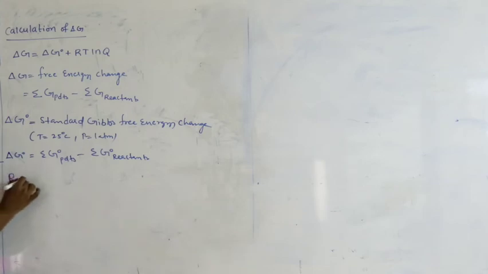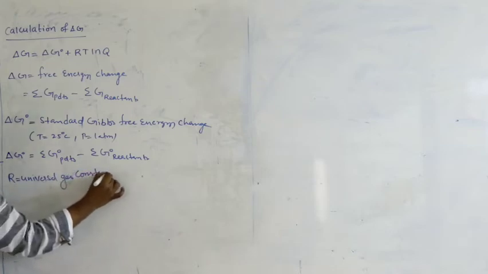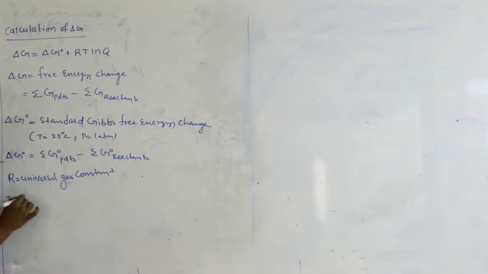R is the universal gas constant, T is the temperature in Kelvin, and Q is the reaction quotient.